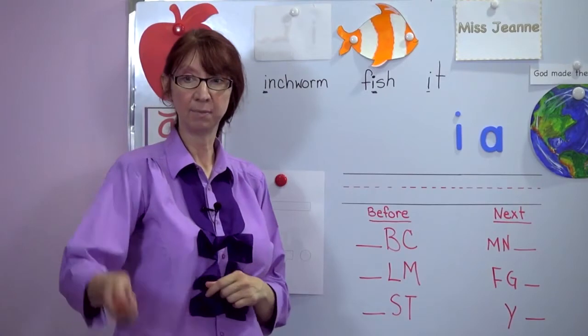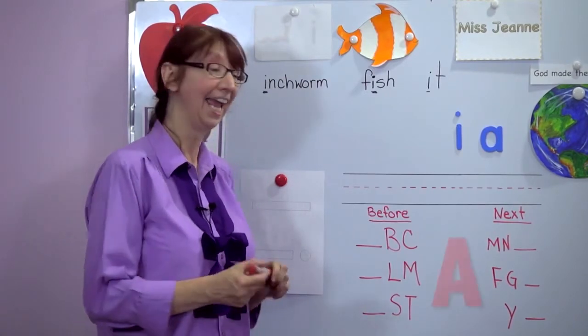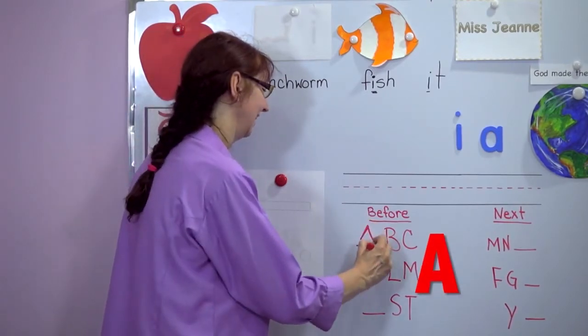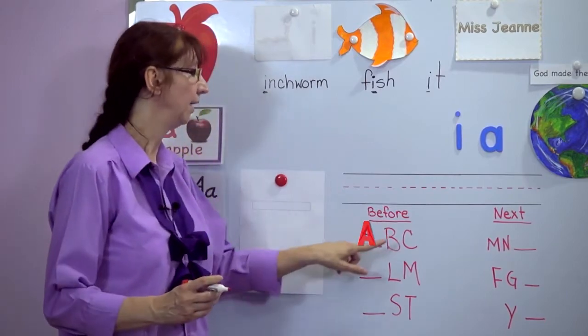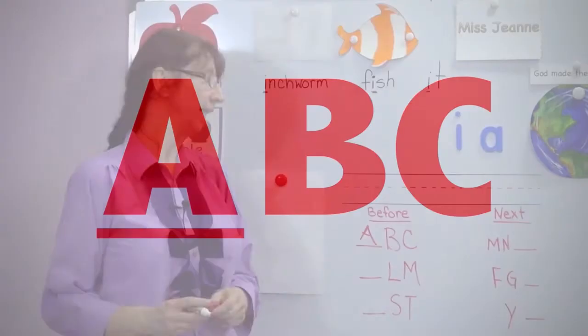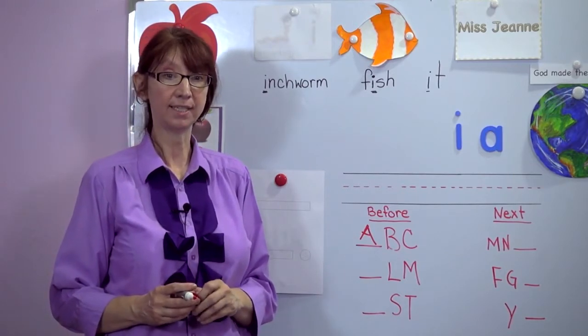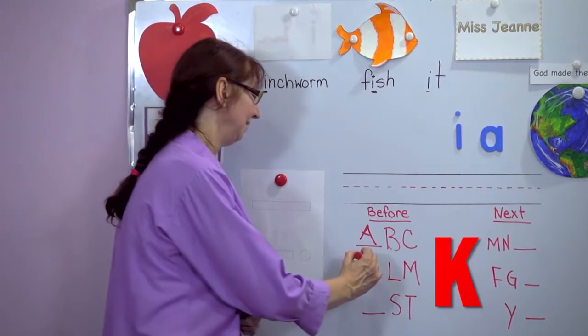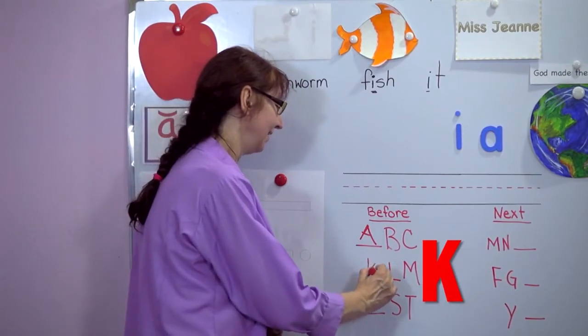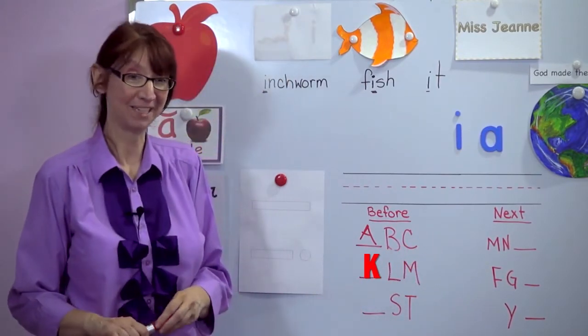B, C. What is it, Pujana? A. That's right. It is A. So now I can say it right. A, B, C. What is before L? When I say the ABCs, Andreas, what letter comes before L? K. You had to think about that one, didn't you? That was a little bit tricky.